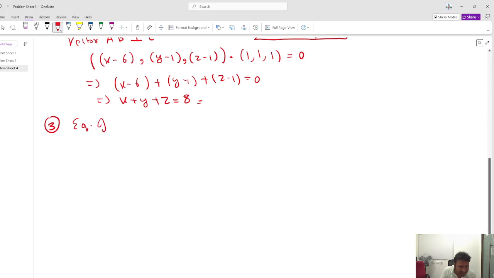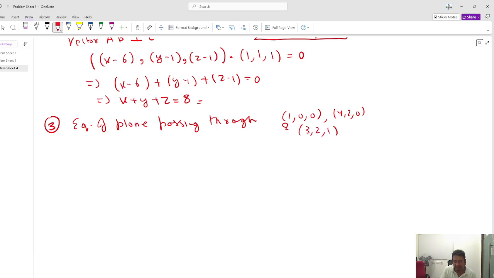And the third problem is you have to find the equation of the plane passing through 1 comma 0 comma 0, 4 comma 2 comma 0, and 3 comma 2 comma 1.